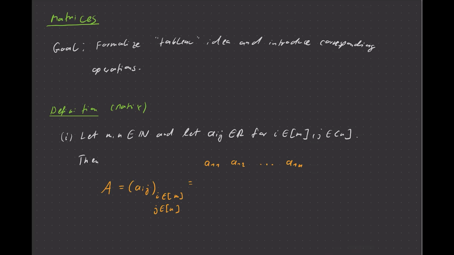For the second row, all the entries will have an index of 2 in the first position. So that's a_21, a_22, and so on up to a_2n. And that goes on for m rows in total. So the last row has index m: a_m1, a_m2, and so on up to a_mn.